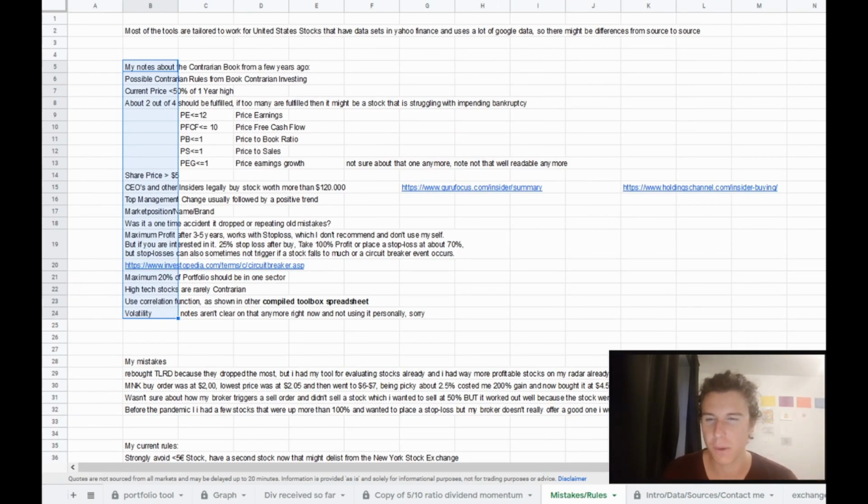And different rules. The company should have around 2 out of 5 of the criteria, and the stocks that failed that I bought had more than those 2. Yeah, pretty much all of them.